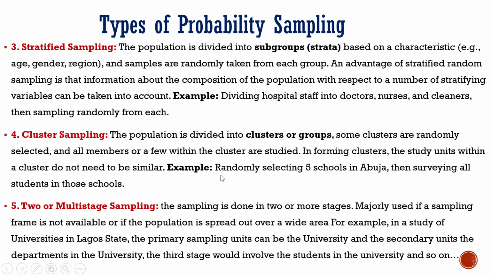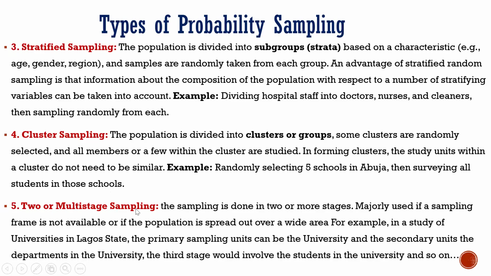If you're doing this kind of study, you can randomly select like 5 schools, then survey all the students in those schools. So you have divided the schools into different groups or clusters. Do you understand?